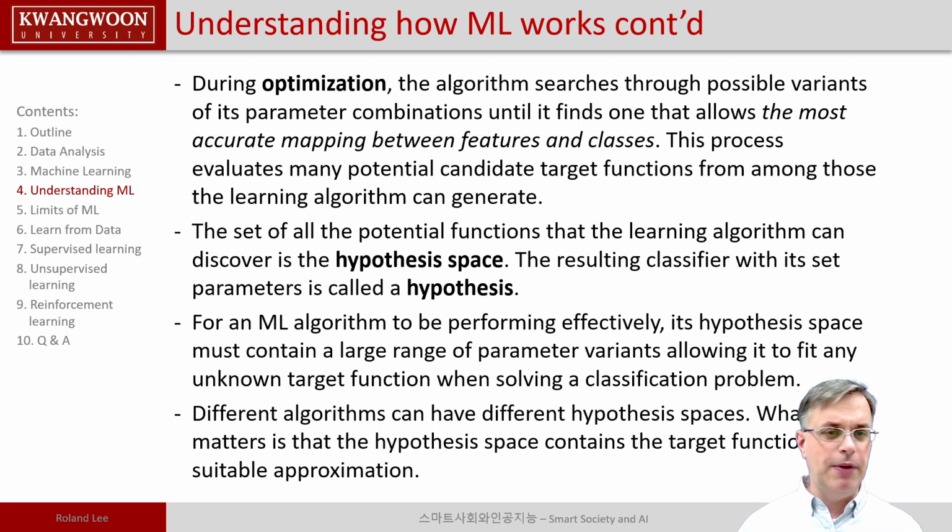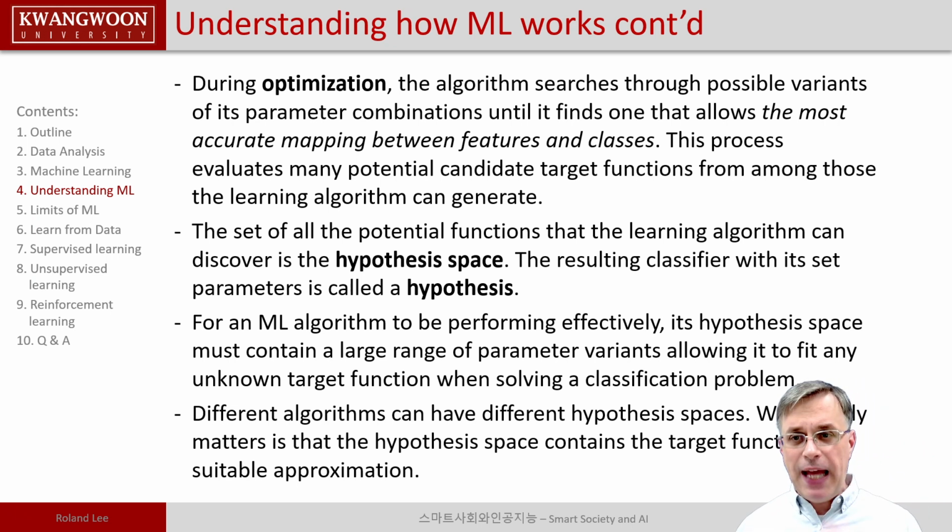During optimization, the algorithm searches through possible variants of its parameter combinations until it finds one that allows the most accurate mapping between features and classes. Now, this process evaluates many potential candidate target functions from among those the learning algorithm can generate. And it is about efficiency in this way.